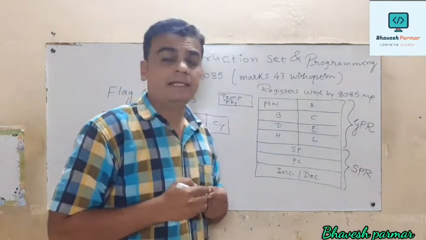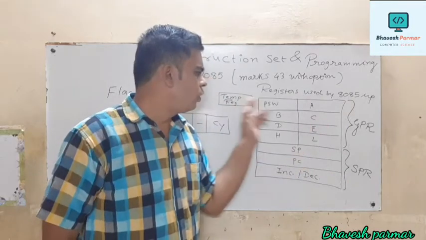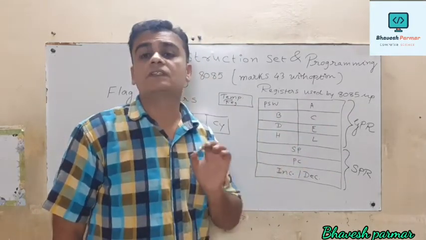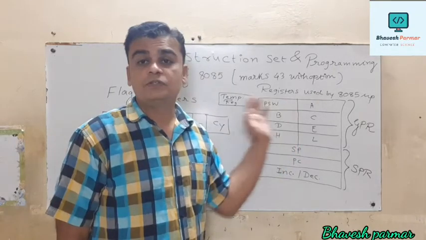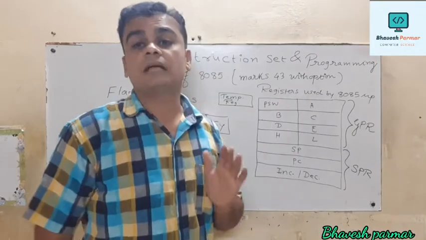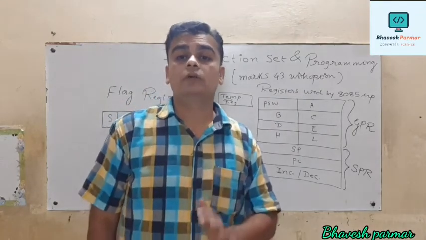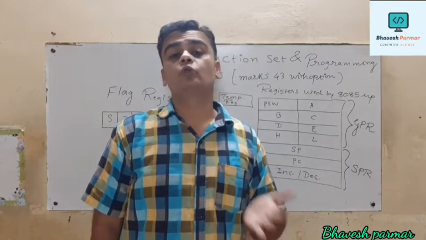So GPR indicates general purpose register. And note that guys, all these general purpose registers are 8-bit registers. So the microprocessor provides you 9 different general purpose registers. These registers are helpful to store 8-bit data, and to store the result.